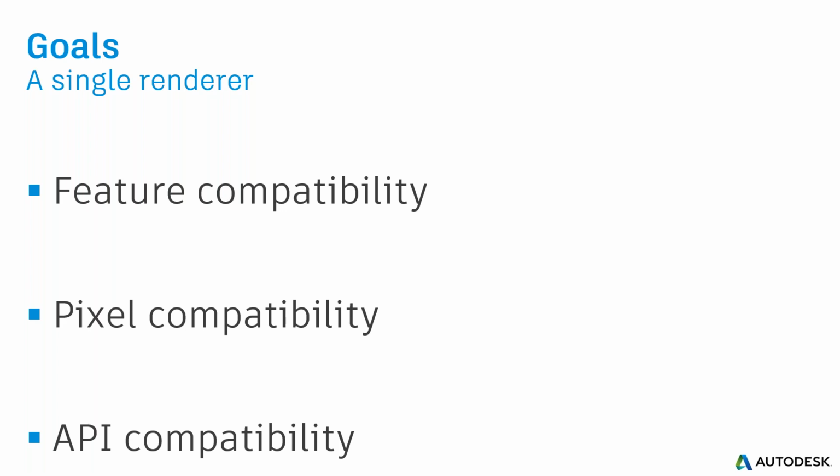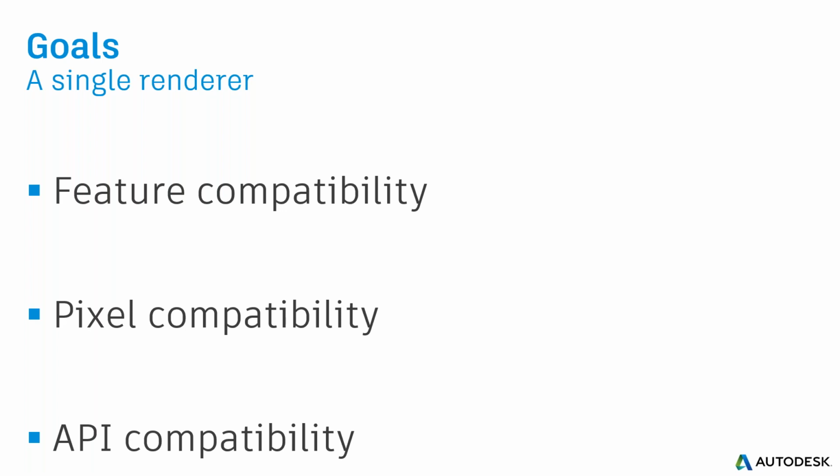Even the pixel compatibility: if you split your renders half to CPU and half to GPU, the end result will match and look the same. There won't be any pixel difference, so it becomes easier for any kind of studio to split their renders between CPU and GPU render farms.